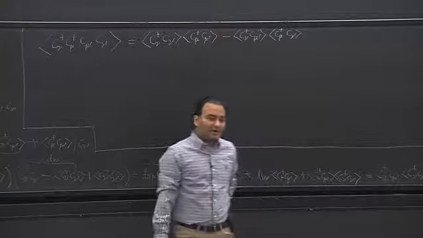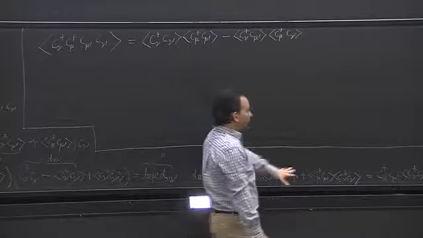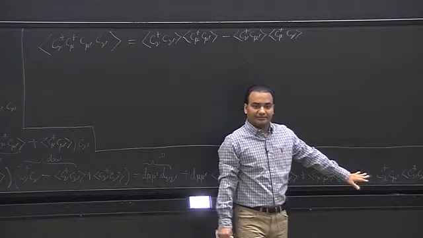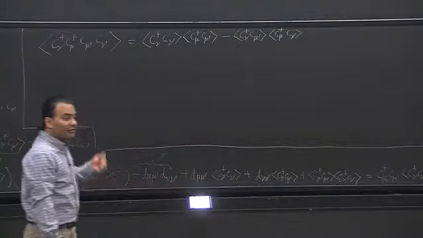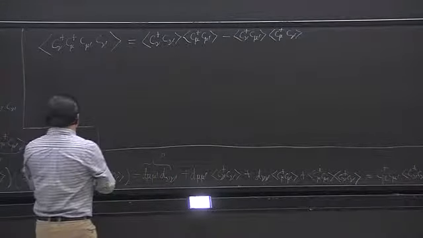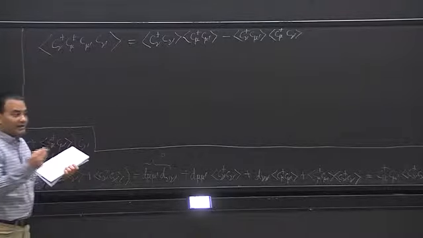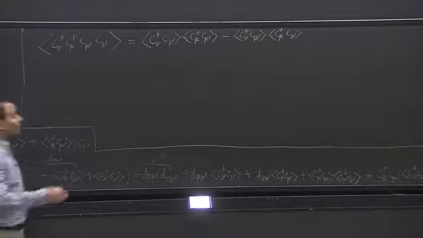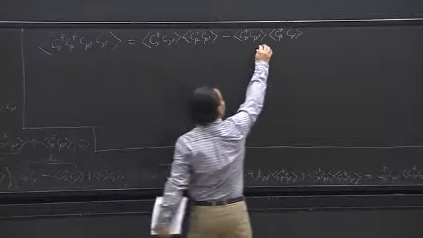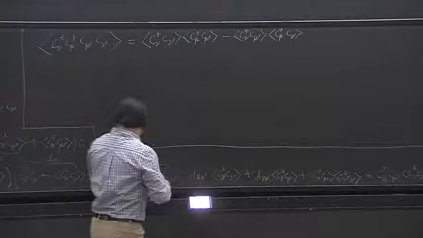Those deviation operators do not appear in our approximation yet. So to improve our mean field theory, we'll add another term to our Hamiltonian, which will account for this term coming from Wick's theorem.